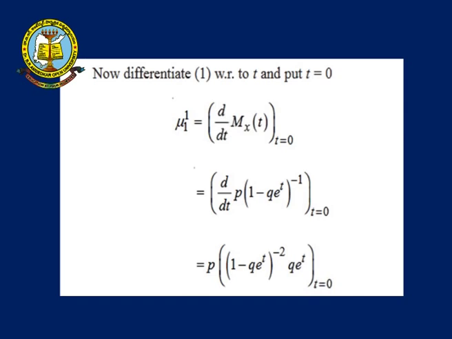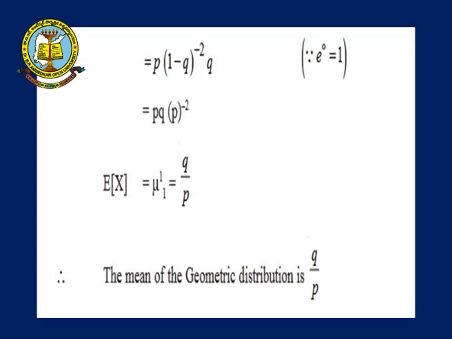Then p into 1 minus q e power t whole power minus 2, differentiating, using the rule x power n gives n minus 1, so whole power minus 2 into q into e power t. With the condition t is equal to 0, p into 1 minus q whole power minus 2 into q, you know that e power 0 is equal to 1.